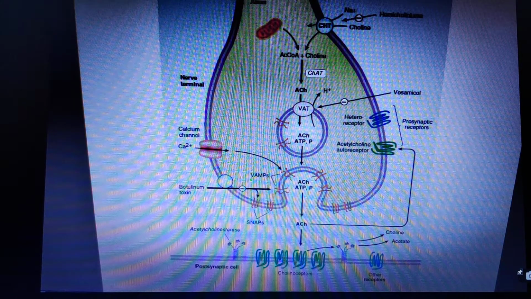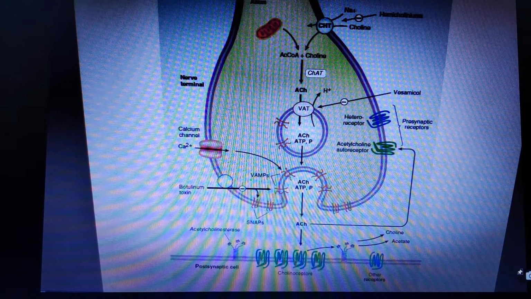For example, the synthesis of acetylcholine can be blocked by hemicholinium because it does not allow the entry of choline into the nerve cells. Similarly, acetylcholine may not enter into the storage vesicle because of vesamicol, which inhibits the storage of acetylcholine.